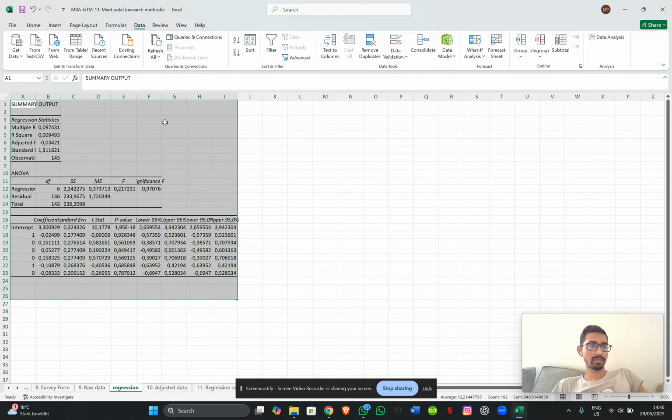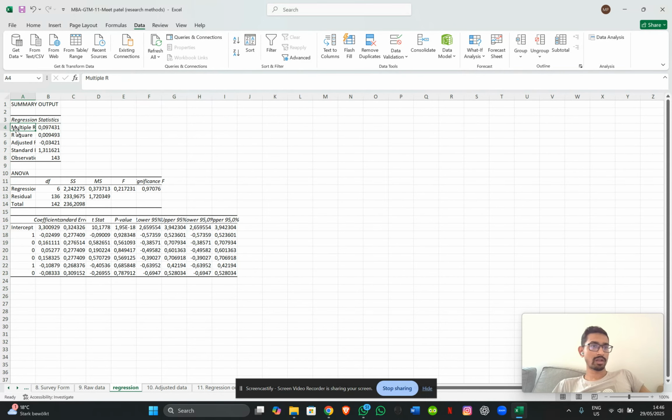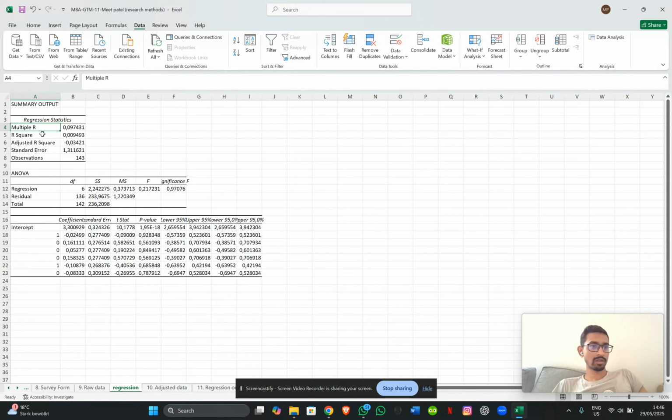Here is my complete regression statistics: multiple R and R square.